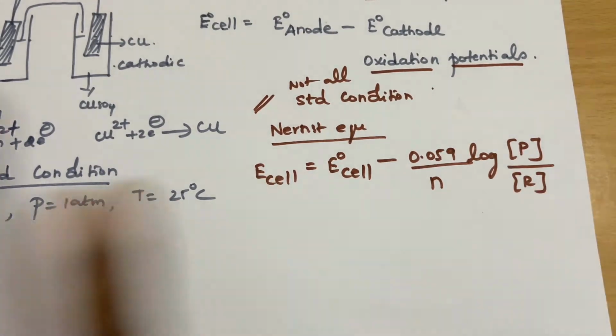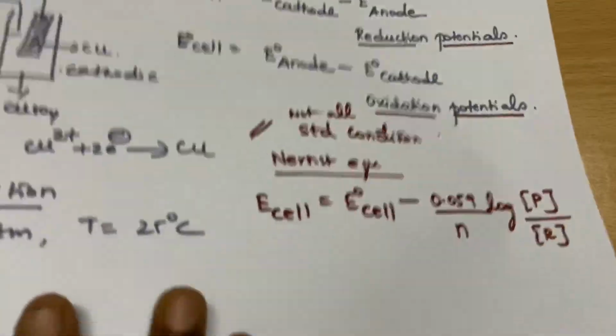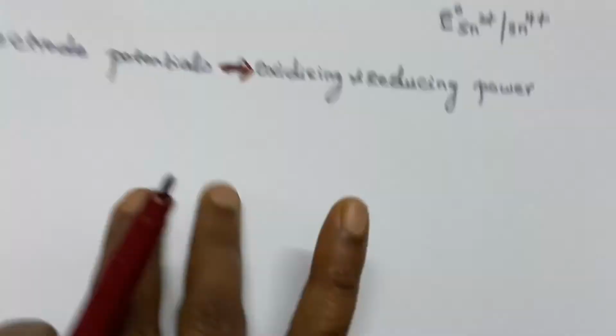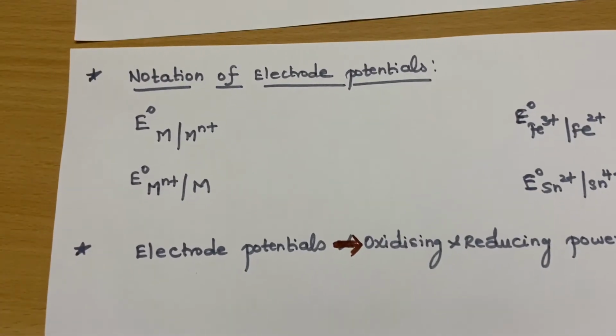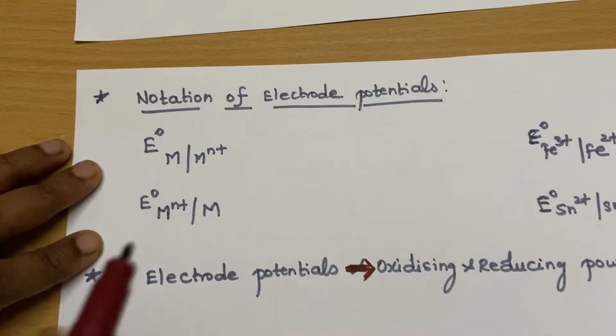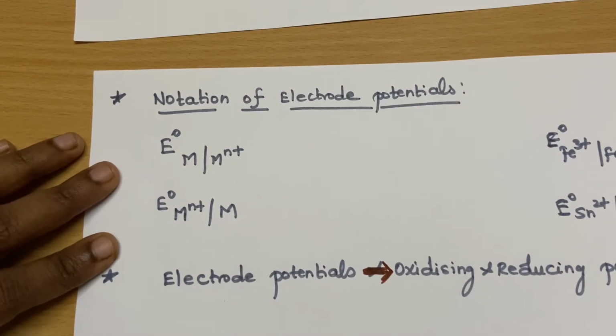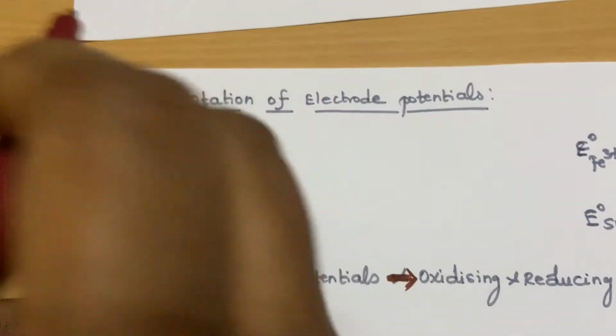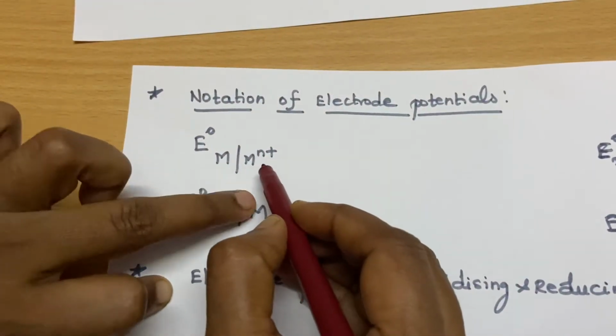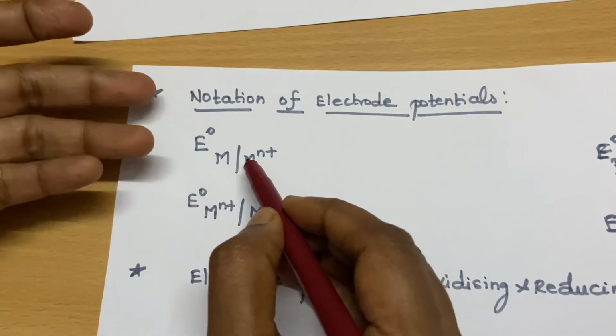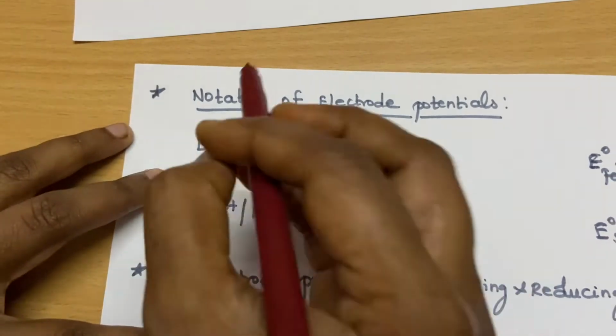One more thing you need to know in electrochemistry is the notation of the electrode potentials. They will not always tell you whether this is a reduction potential or an oxidation potential. From the notation you need to find out whether it is an oxidation or a reduction potential. They will give M to Mn+, which I have written in the general formula.